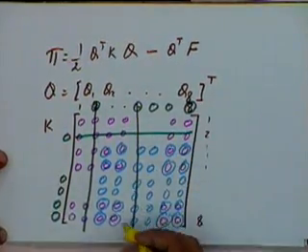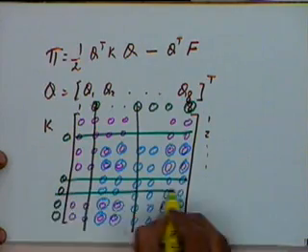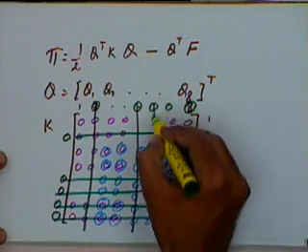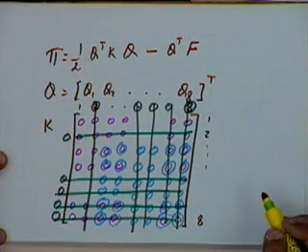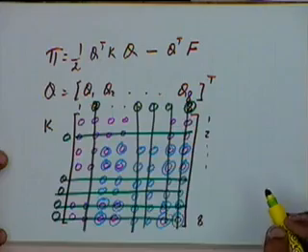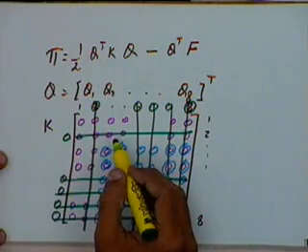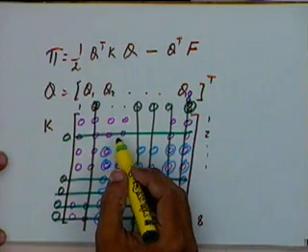Eventually we will get this 3 by 3 matrix as the K prime matrix.